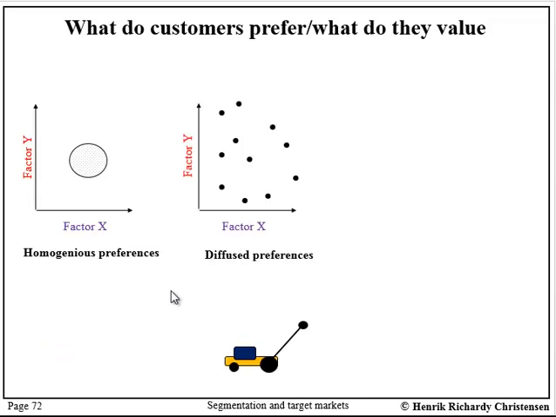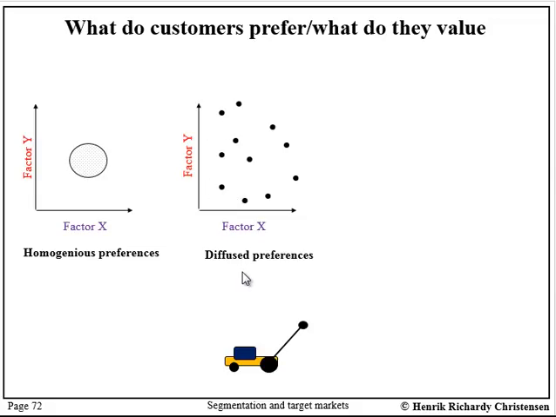Well, we could also have this kind of scattered pattern here, with these dots representing lots of different customers. And as you can see, they have quite different ideas about what they want from factor X. Could be price, for example, or quality, assortment, whatever. And therefore they're quite scattered around these factors, and also on the factor Y. Therefore we call it diffuse preferences.